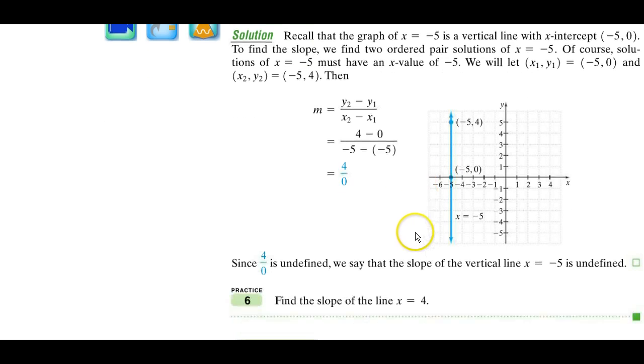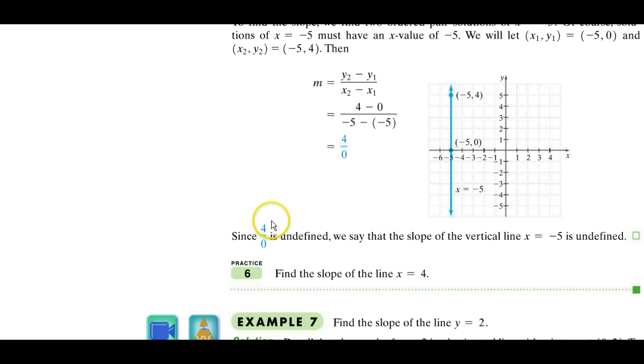So what do we say the slope is? Anytime we have a vertical line, we don't say 4 divided by 0. We say the slope is undefined. So from now on, anytime you see this formula, x equals a, the slope is going to be undefined.